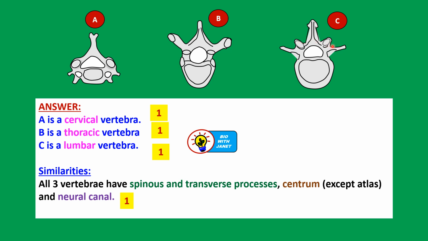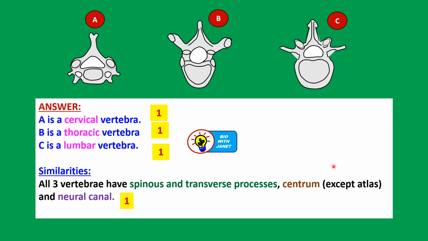These are the two facets that articulate with the next vertebra, right? This type of structure cannot be seen here in the thoracic vertebra, right? So this is the lumbar vertebra. So by identifying all these three vertebrae, we can get 1 or 2 marks.